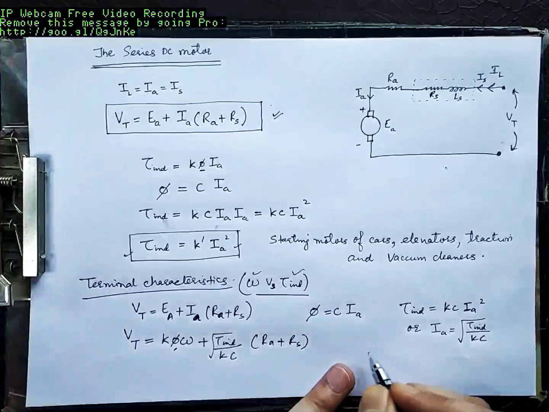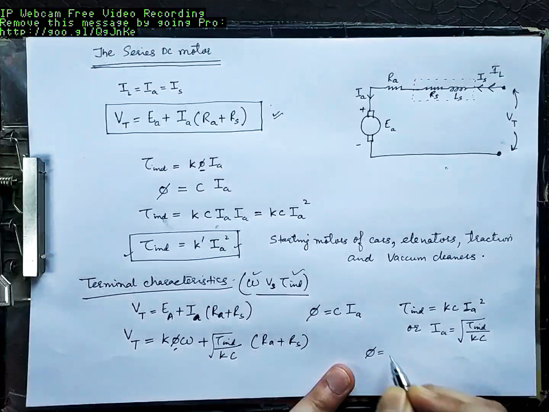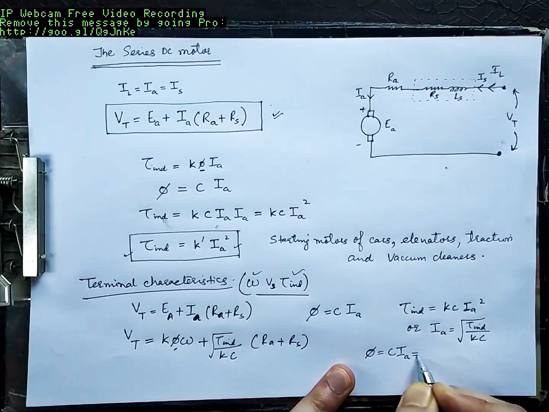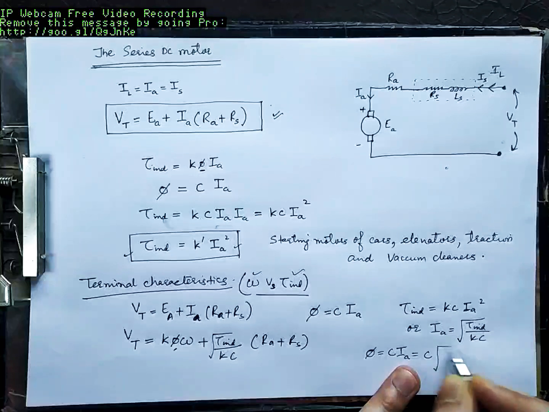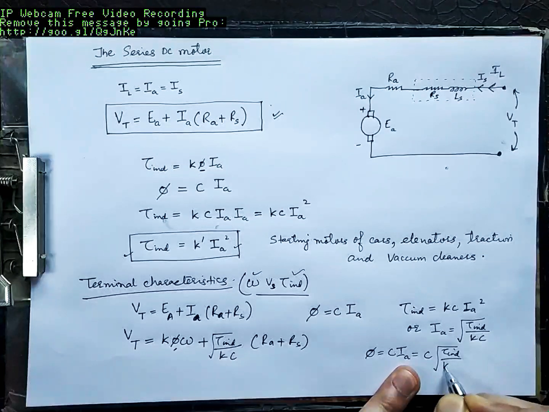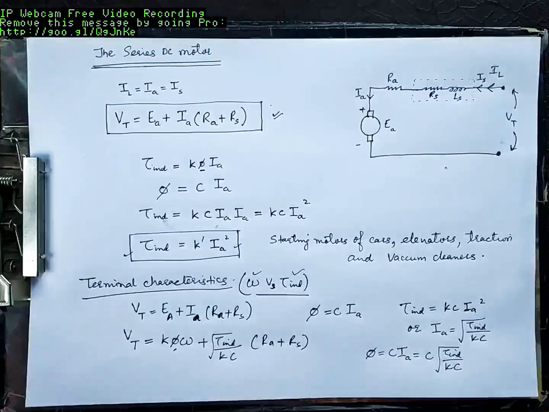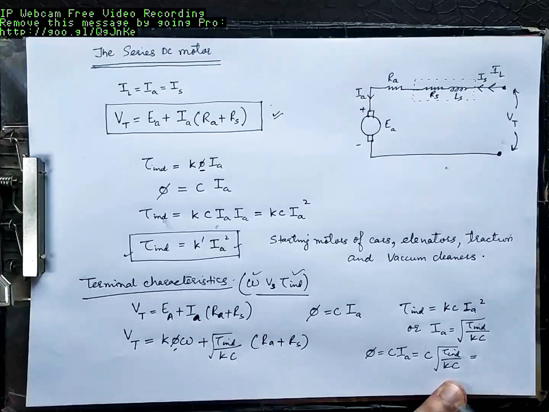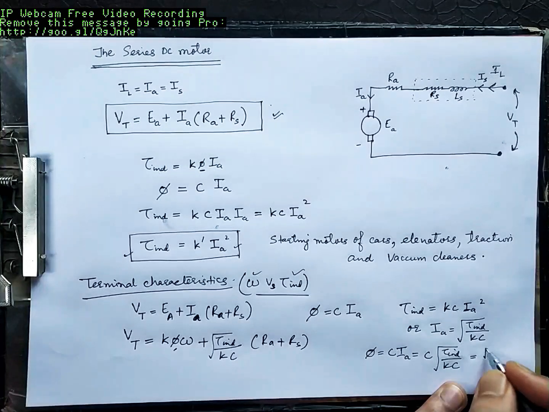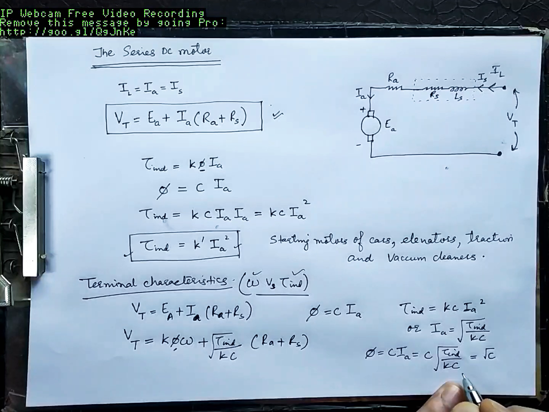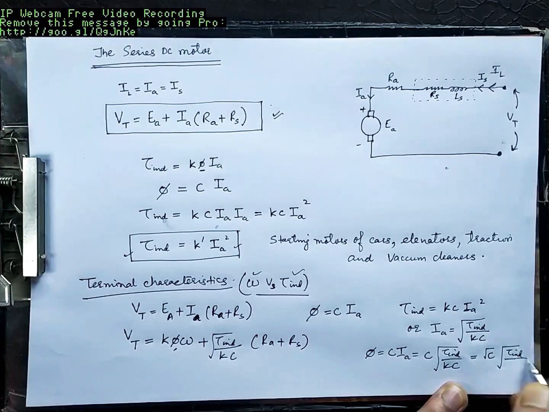I know this flux phi is equal to C times Ia, which is equal to C times under root of tau induced divided by Kc, which is equal to under root of C by K into under root of tau induced.